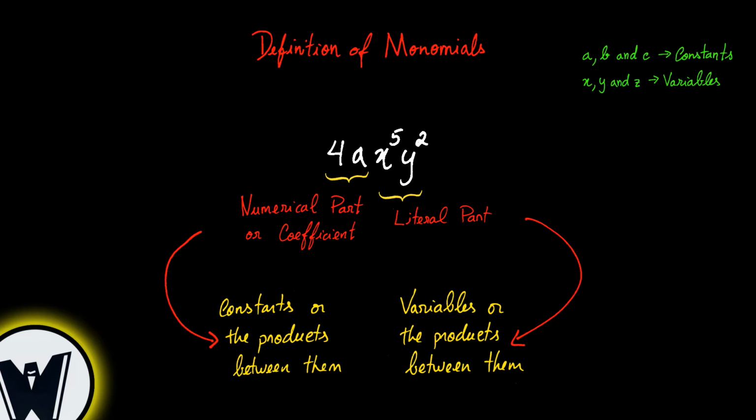In this case, 4 is the numerical part, or the monomial coefficient, and x to the power of 5 multiplied by y to the power of 2 is the literal part. As previously seen, we may have monomials that only have the numerical part. For instance, the number 4, called a constant monomial, or even 0, the zero monomial.